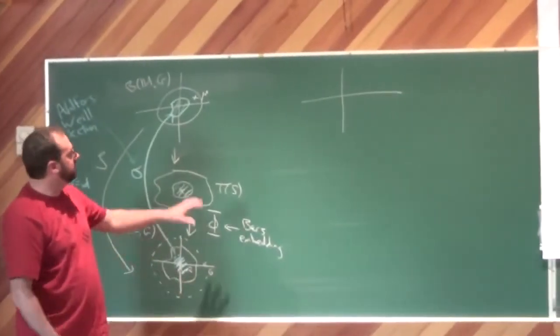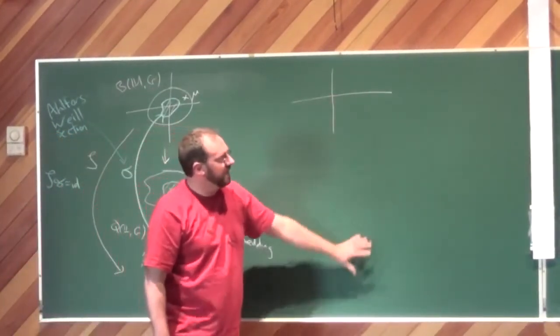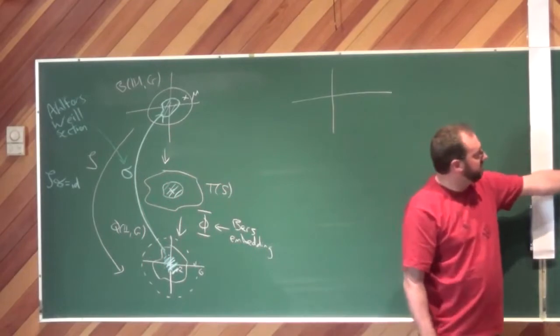So what this tells us is we want to have this picture here, but translated over here by this mapping, tau mu.